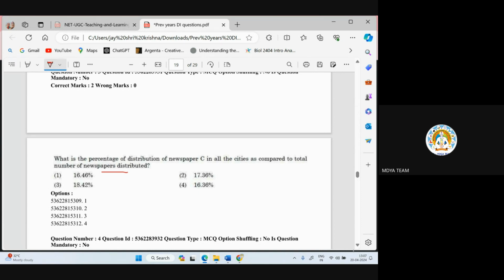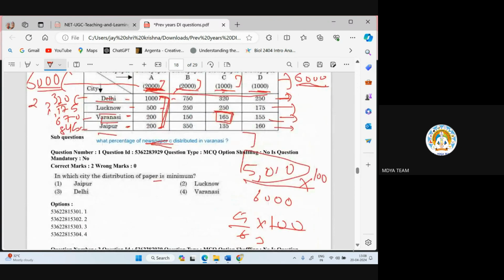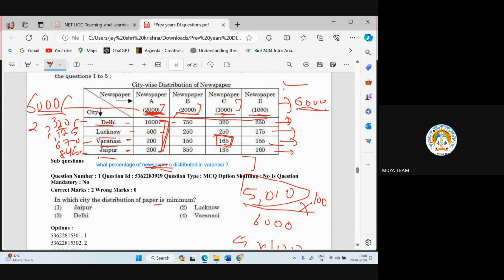So what is our part? Part is distribution of newspaper C in all the cities, and the total, the value of comparison in the denominator, will be the total number of newspaper distributed. Now how will we calculate the total number of newspaper distributed?